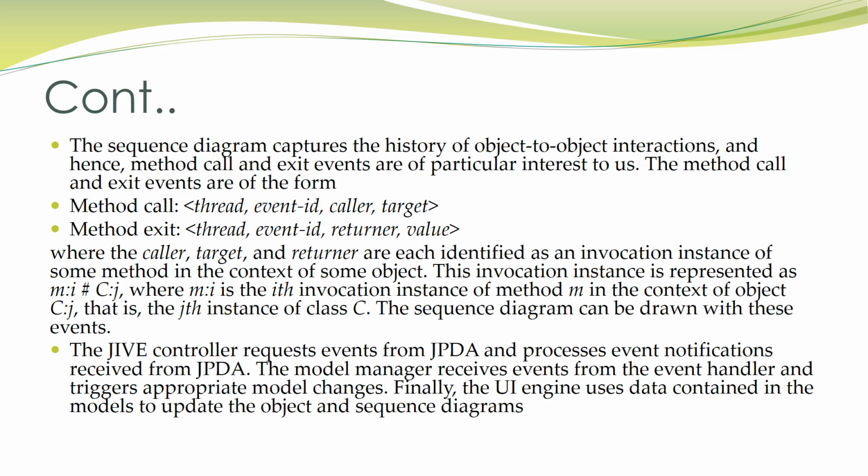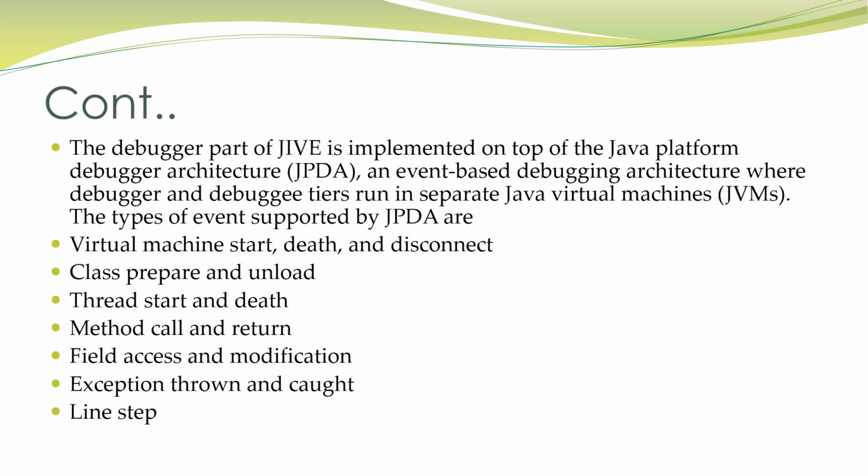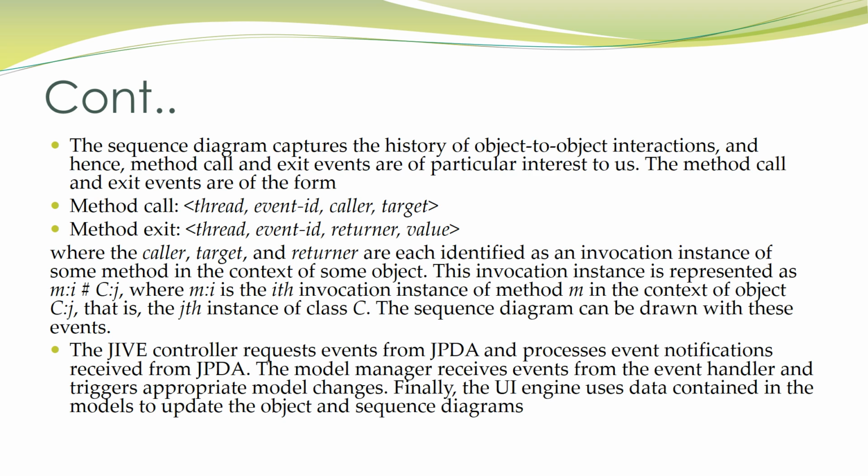The sequence diagram captures the history of object-to-object interactions, hence method call and exit events are of particular interest to us. The method call event has parameters like thread, event ID, caller, and target.